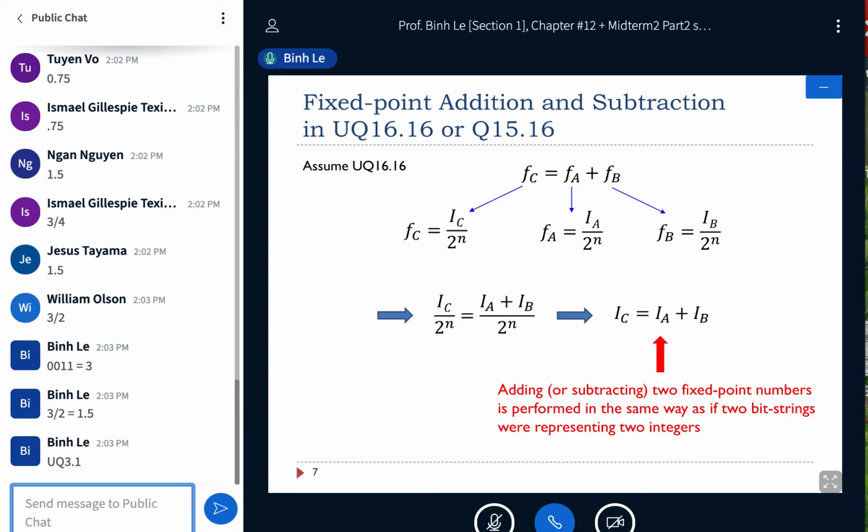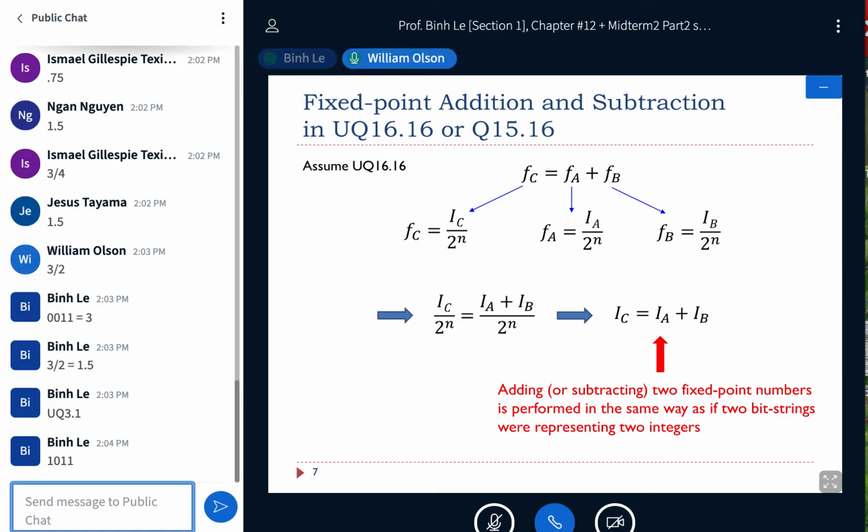Oh, I mean, no. 1011. Okay, what is that number? Quickly, what is that number? What is the real number that I am representing?